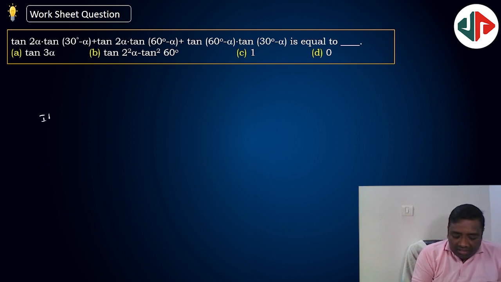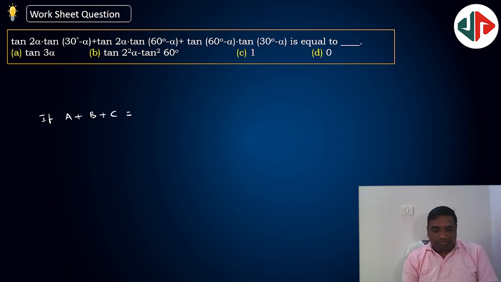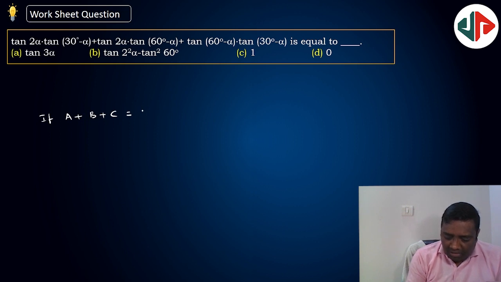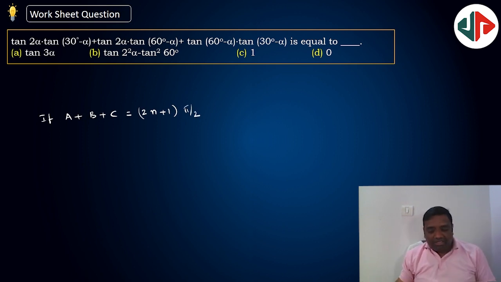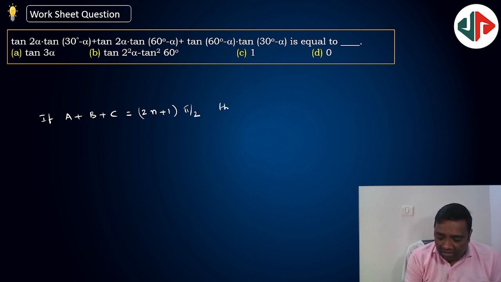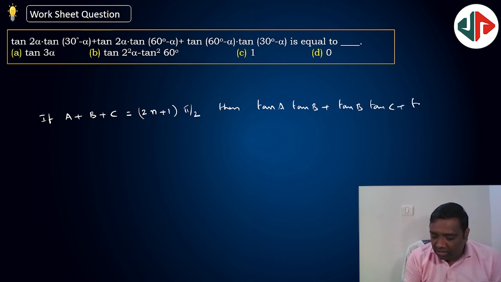We know that one property: if a plus b plus c is equal to odd multiples of 90, then tan a tan b plus tan b into tan c plus tan c into tan a is always equal to 1.